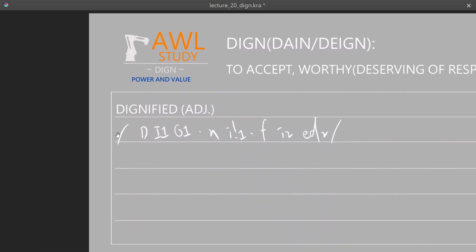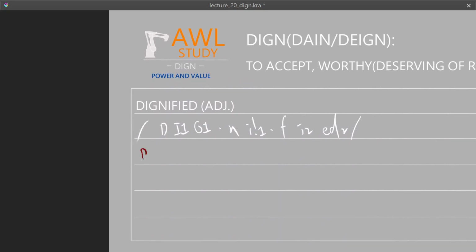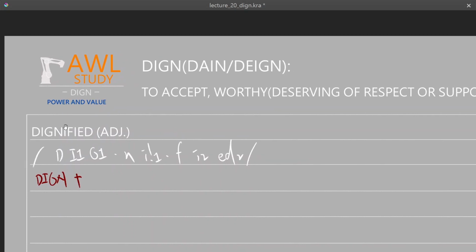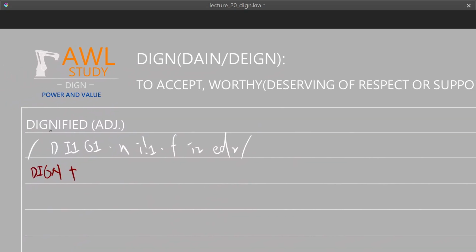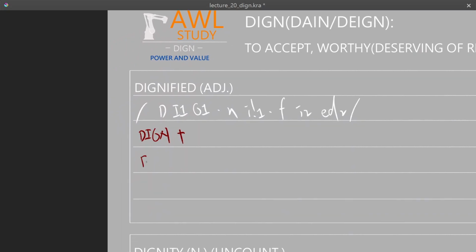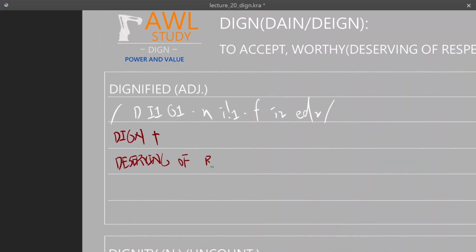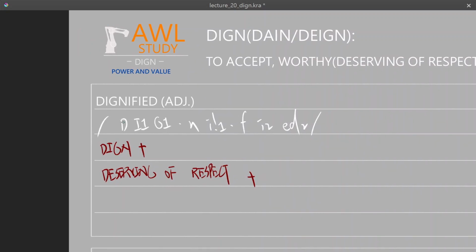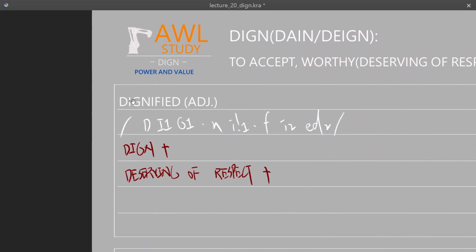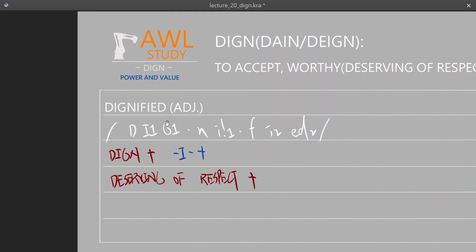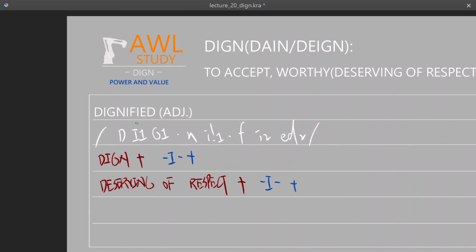Alright, so we have the root dign, meaning worthy. Or more precisely, I would like to use deserving of respect in this case. And we have the connecting vowel I followed by fy.